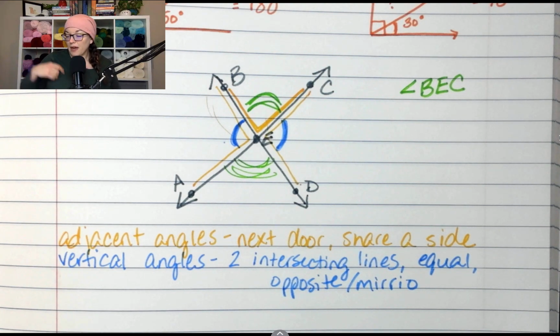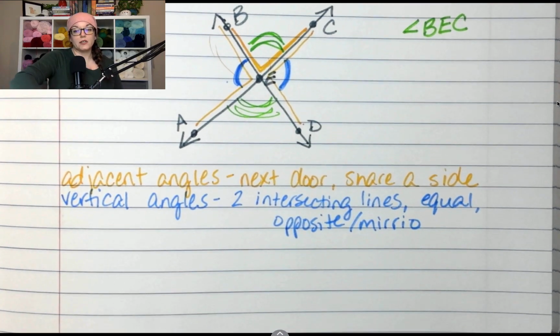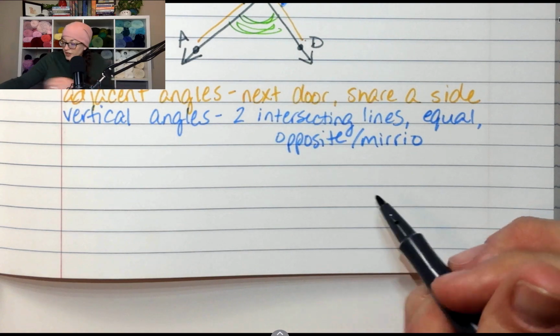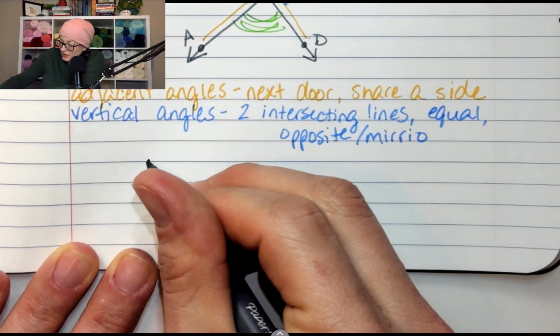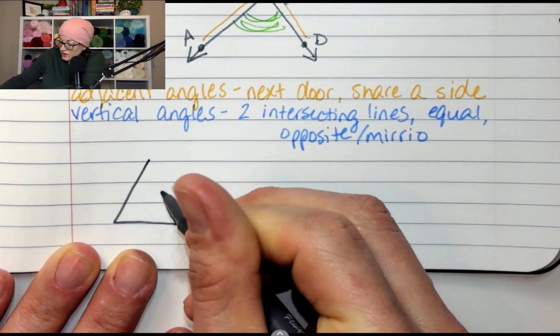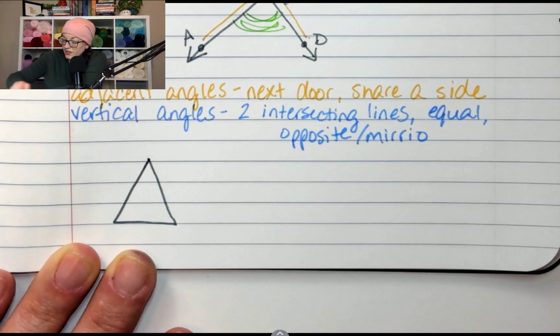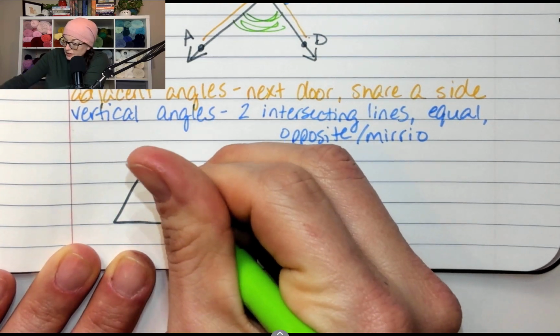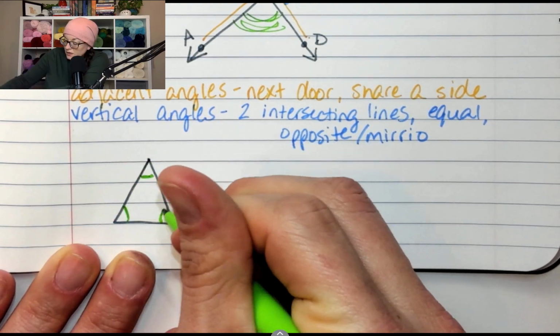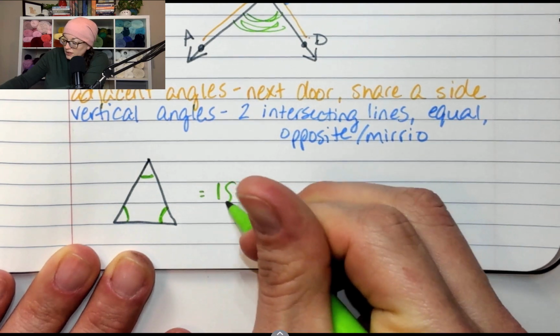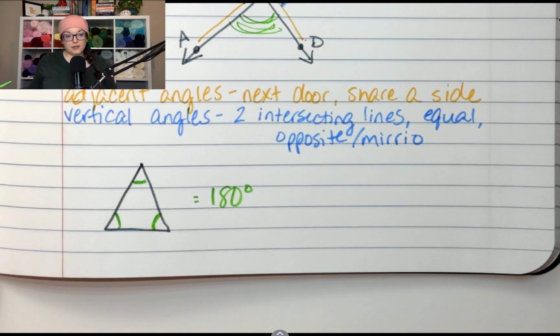Another thing to keep in mind is that in 6th grade, y'all talked about how all triangles equal 180 degrees. Every triangle, believe it or not, the interior angles, which are these pieces in here, equal 180 degrees.